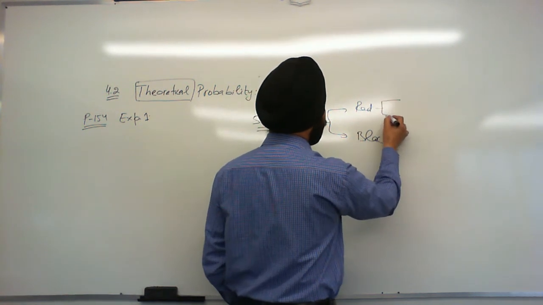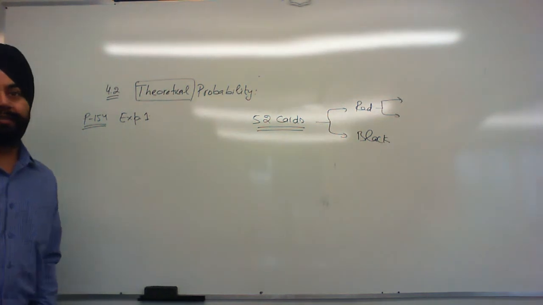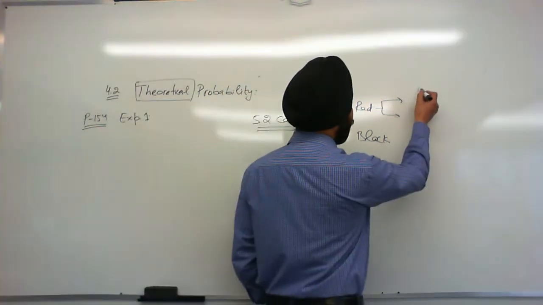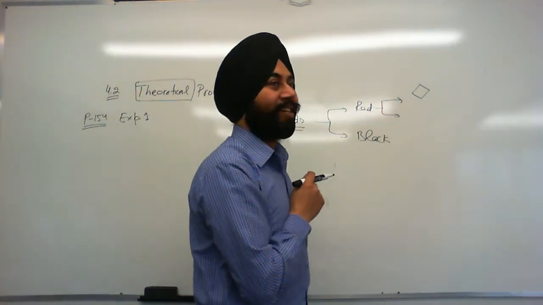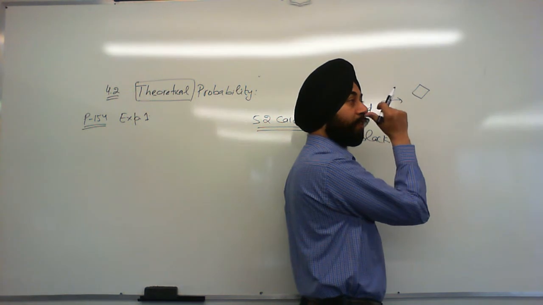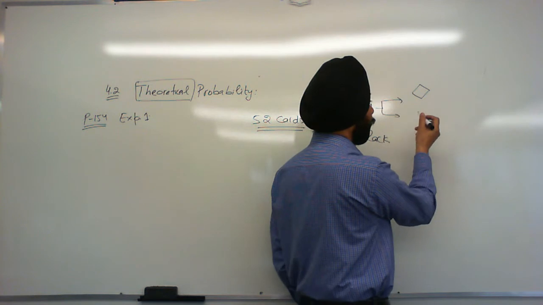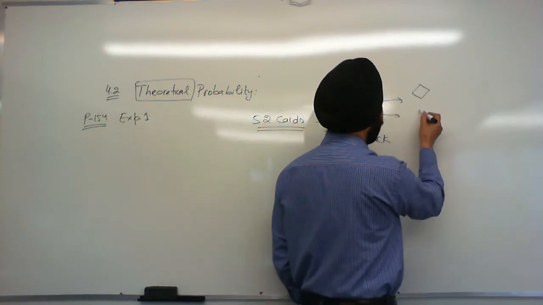Then the red cards are further divided into two different types. What are they? What's this symbol called? Diamond, right? So diamond is red, right? What's the other one that's red? Heart, okay.